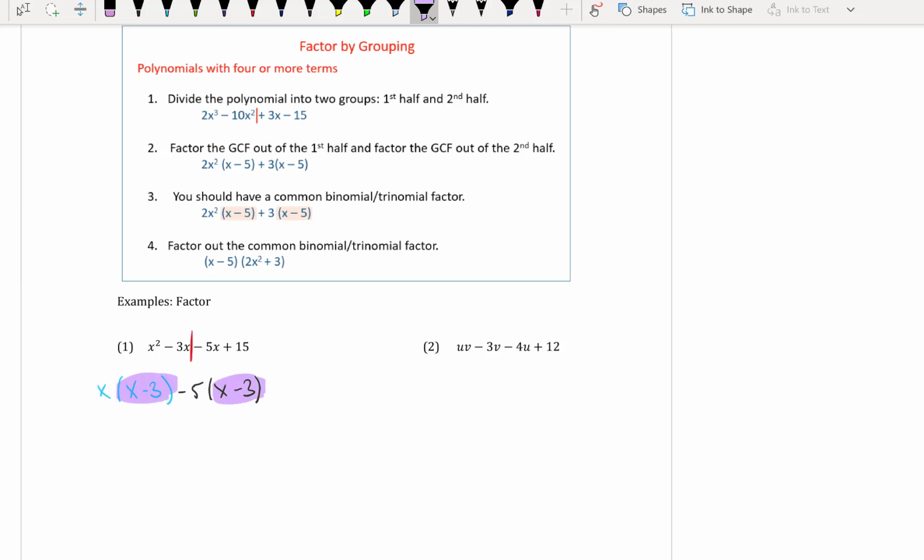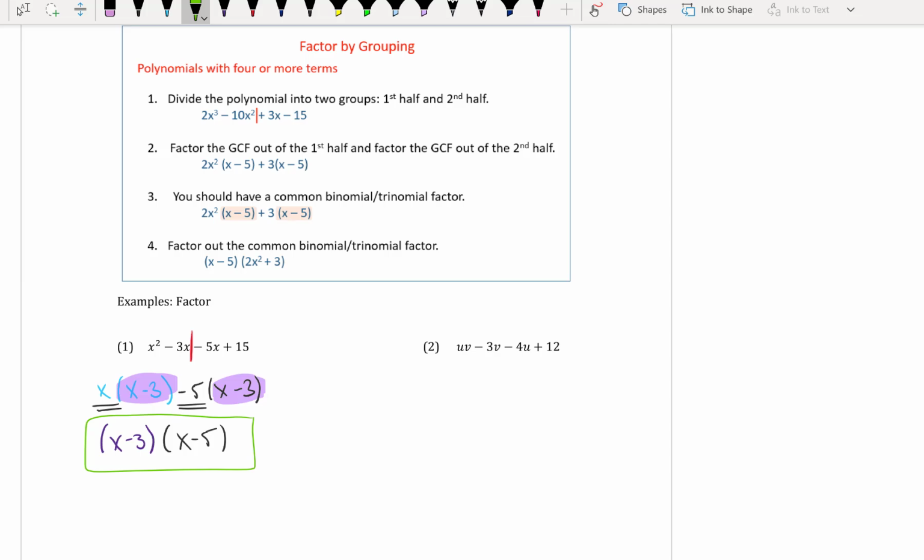This x minus 3 is true for both, so x minus 3 is your common parentheses. Whatever is left over goes in your second set of parentheses, so that would be x minus 5. That ends up becoming your final answer.